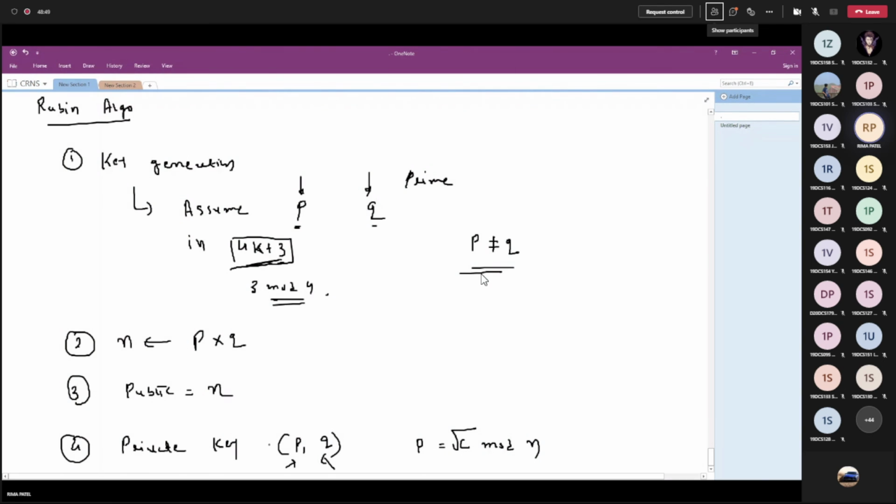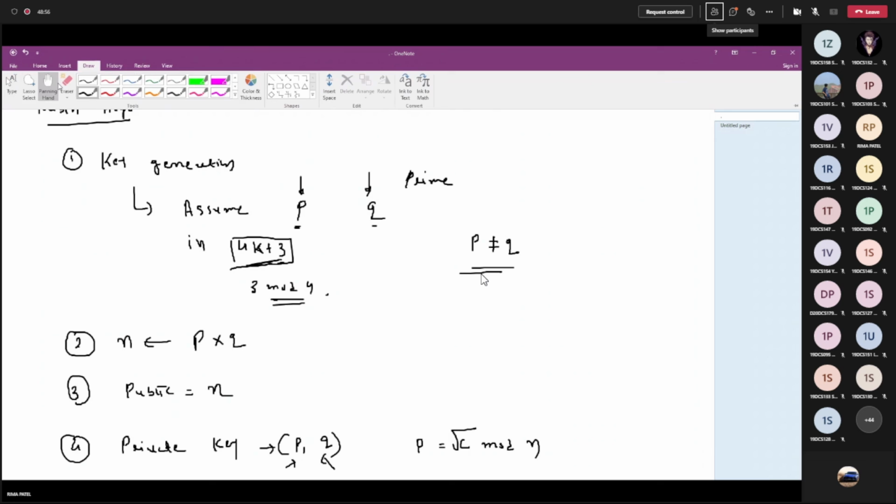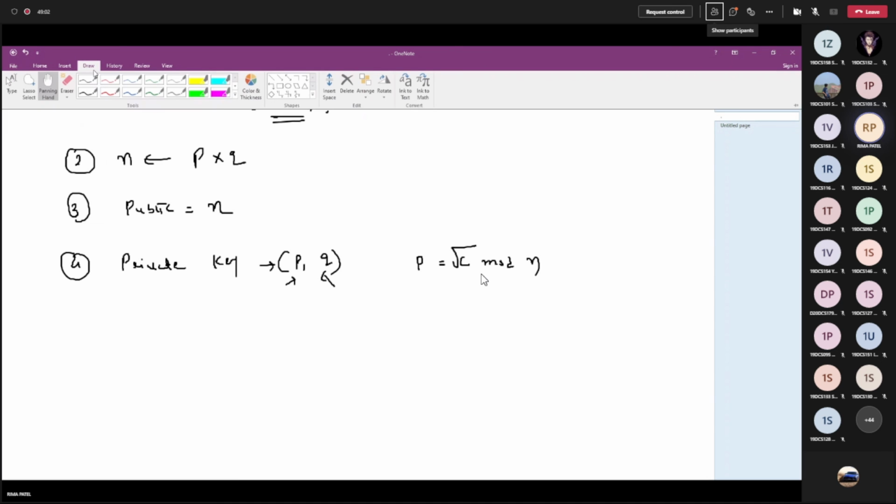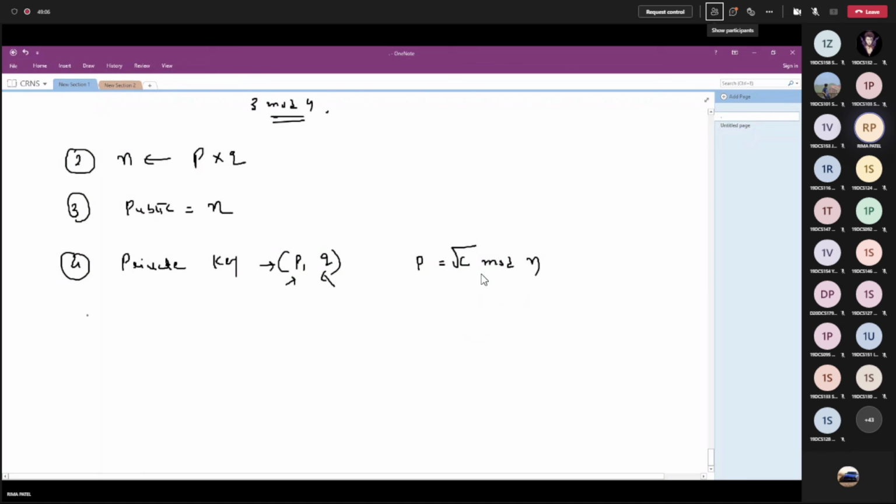Here you need to use P and Q as the private key. These are just the steps. We have to use these in the example. We need to understand these using the example.